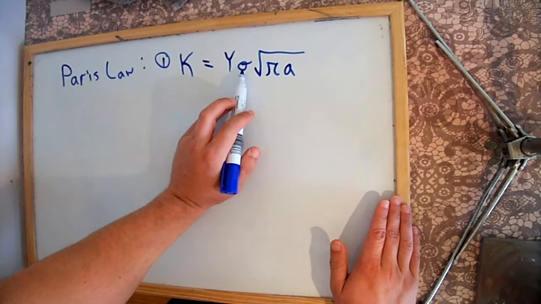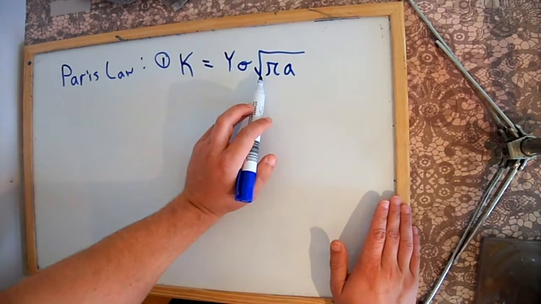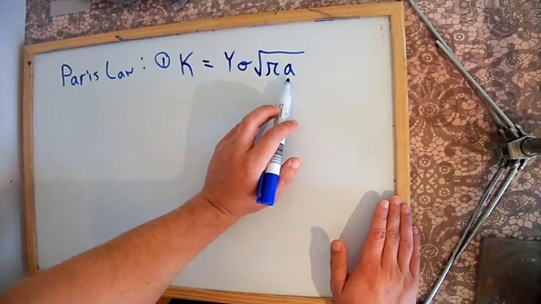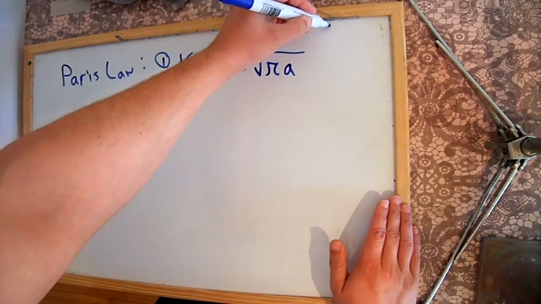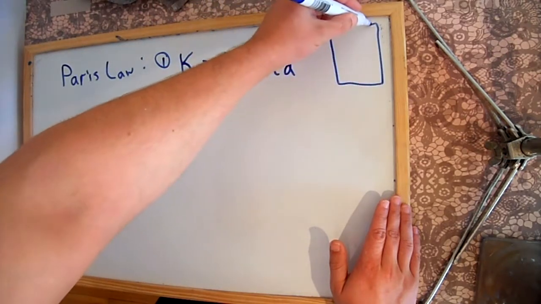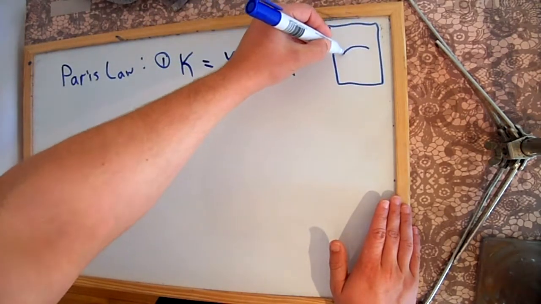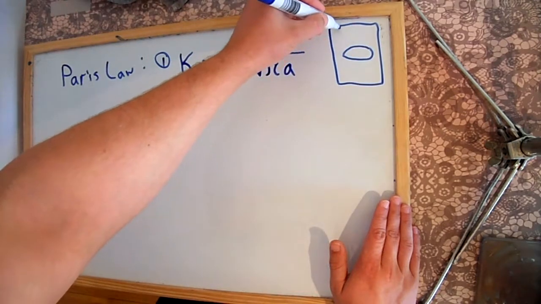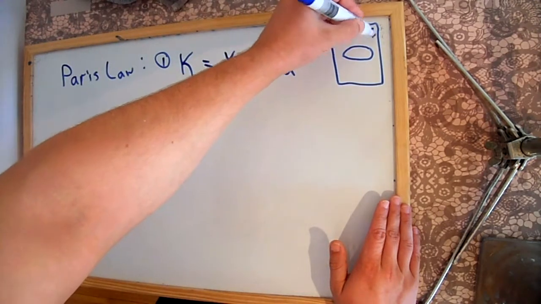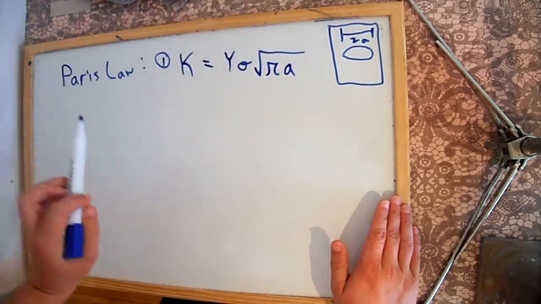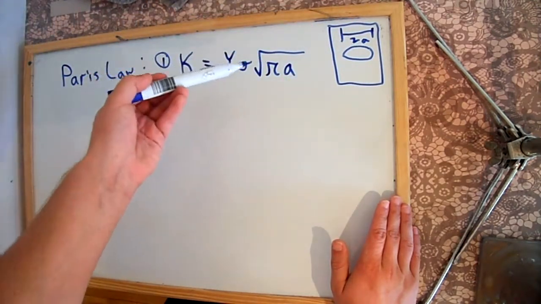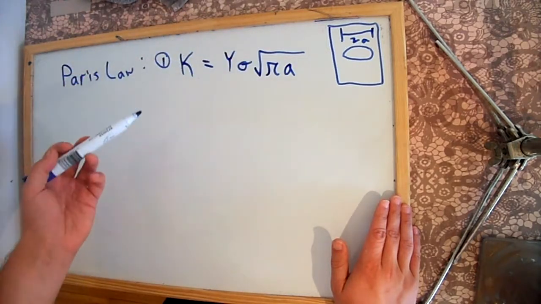This would be multiplied by the stress that's undergone in the fatigue testing, and then by the square root of pi A, where A is the crack length. It's also good to know that sometimes in a specimen the crack length can be 2A. So at the end of the second part of the question, we're just going to be finding A and multiplying it by 2.